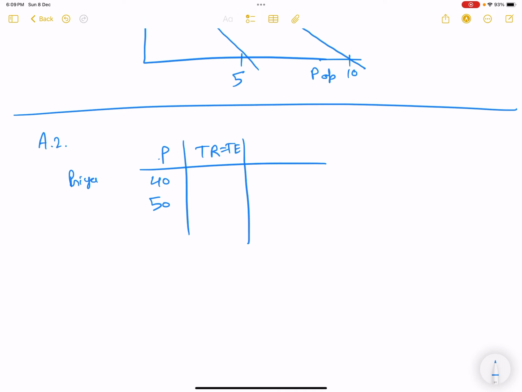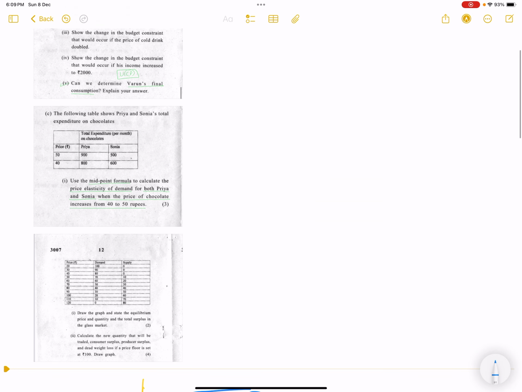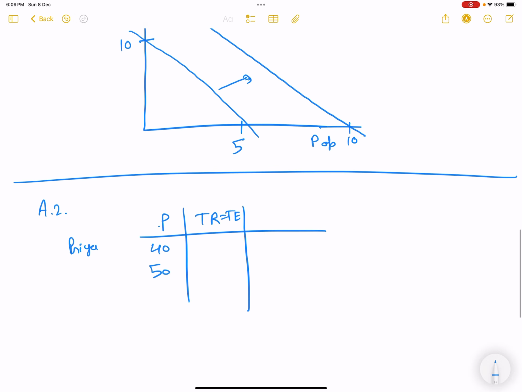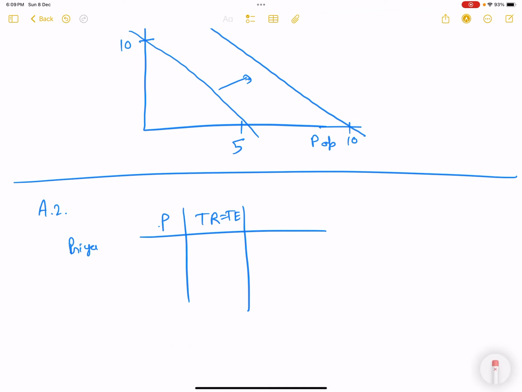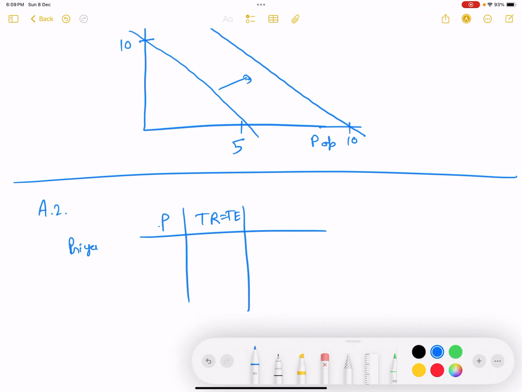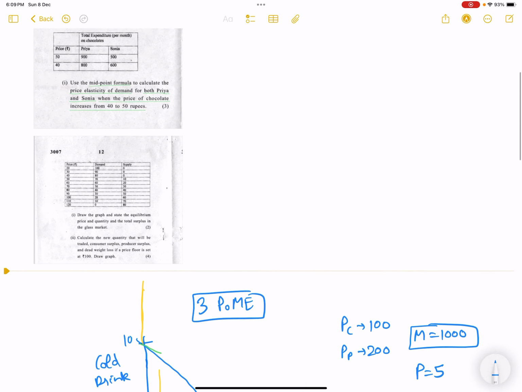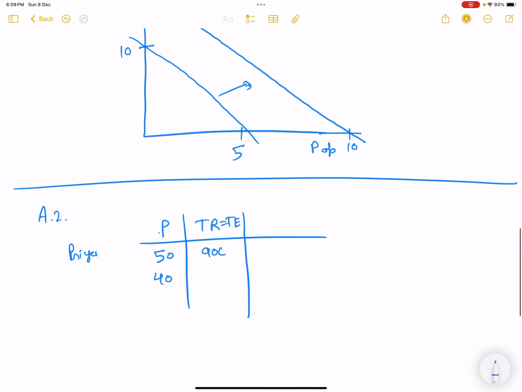The total expenditure by Priya is nothing but equal to total revenue, what the seller would get. So at price 50 and 40, at price 50 she is spending 900, and at price 40 she is spending 800.